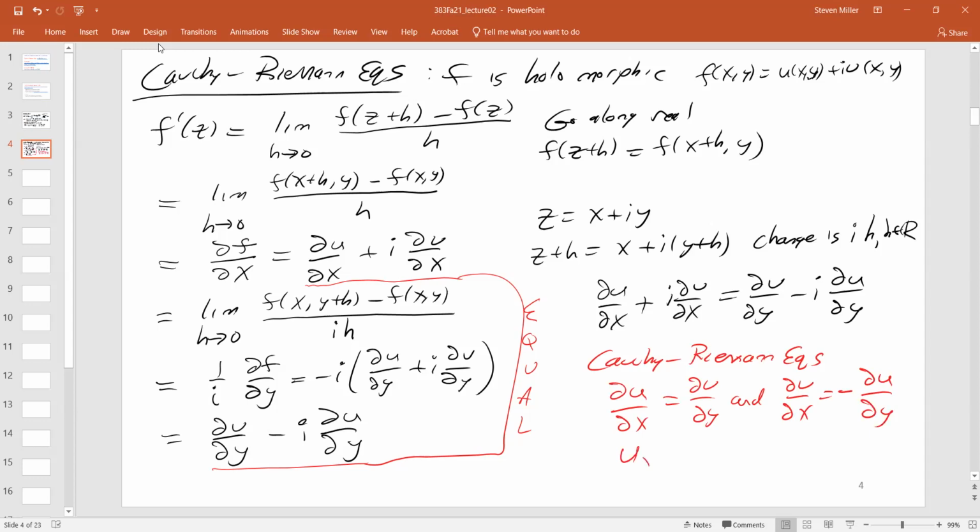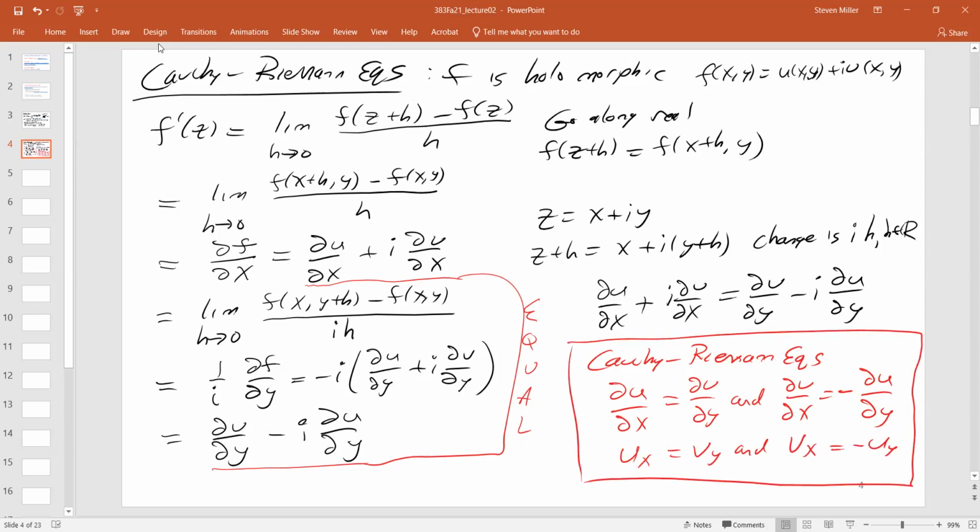Or if you remember your notation from before, it's u sub x for the partial with respect to x equals v sub y, and v sub x equals negative u sub y. Right. So these are the famous Cauchy-Riemann equations. What we've just shown is that if the function is differentiable, if the function is holomorphic, then it satisfies the Cauchy-Riemann equations. What else would you like to know?